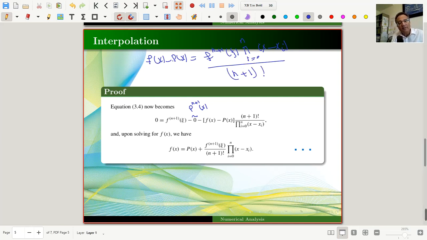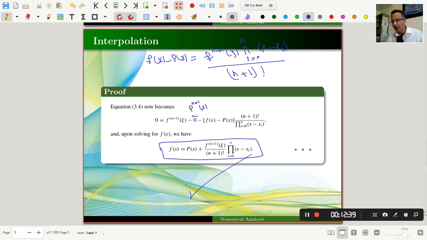If we move minus p of x to the right hand side, we get this equality, and it proves the desired result for us. So the proof of the theorem is finished here, and we have nothing more to say about this theorem.